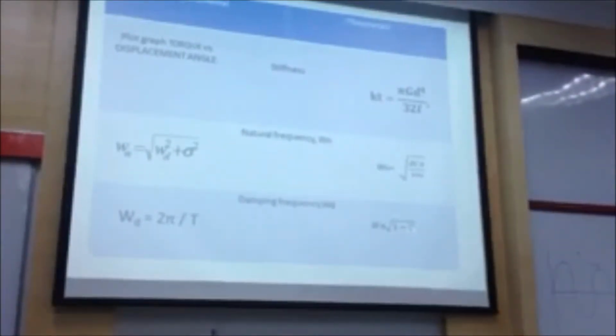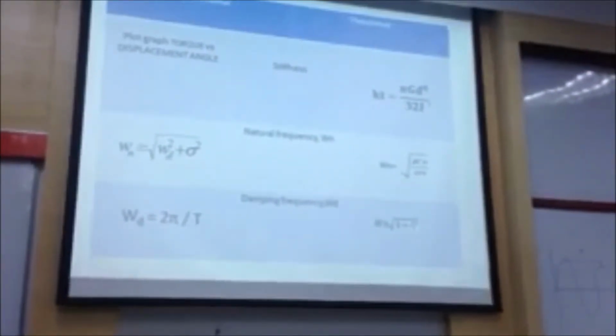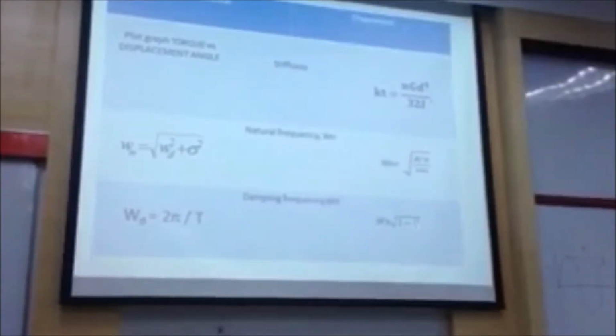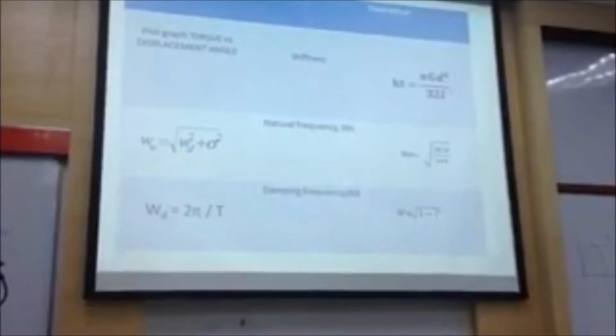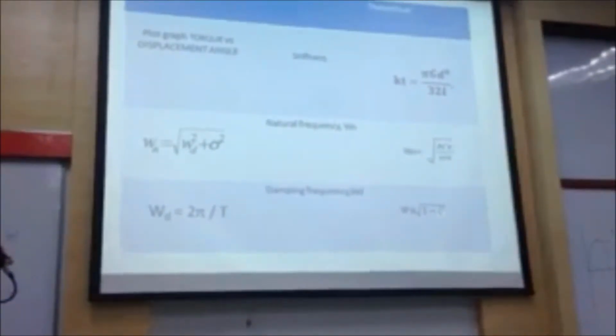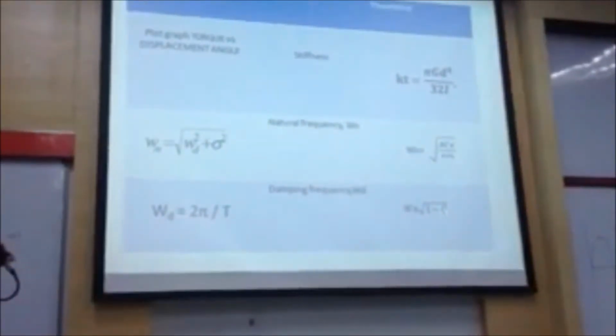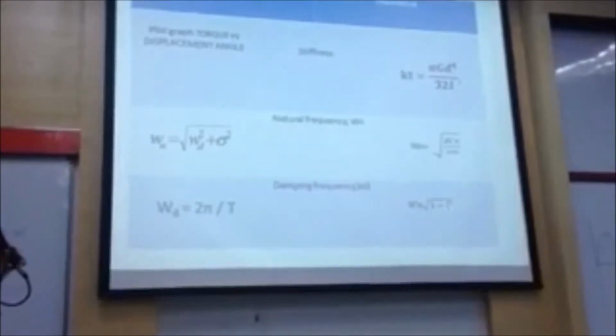For the stiffness, we got the experimental value from the graph of torque versus displacement angle, and for the theoretical value of stiffness, we get it from the formula Kt equals pi G d to the power 4 over 32L.